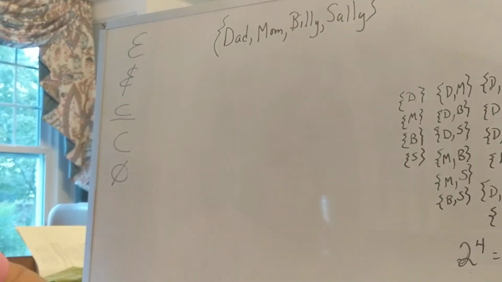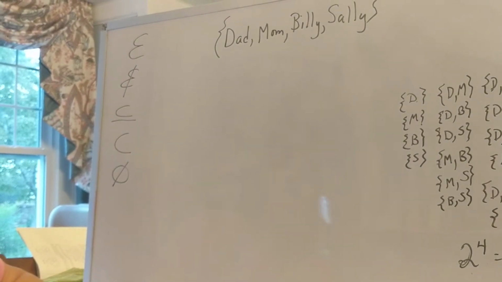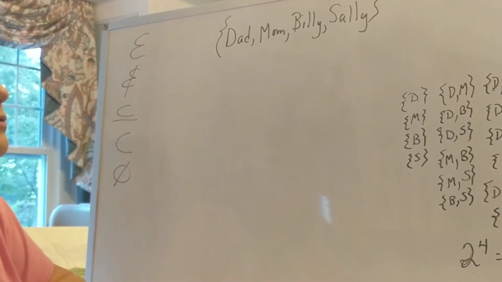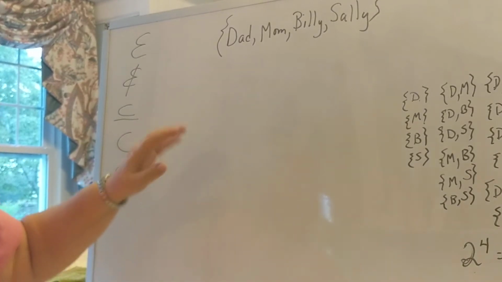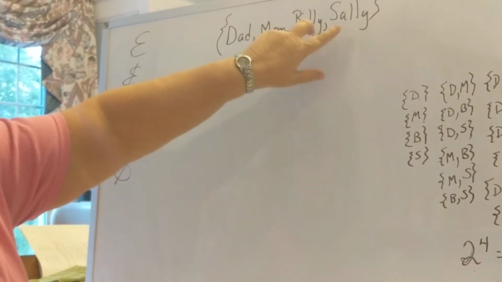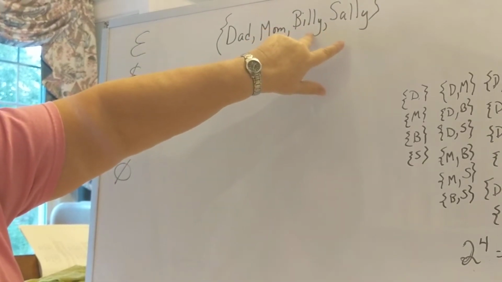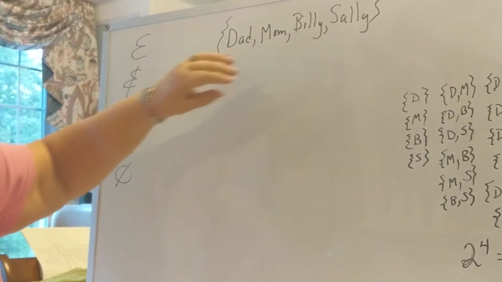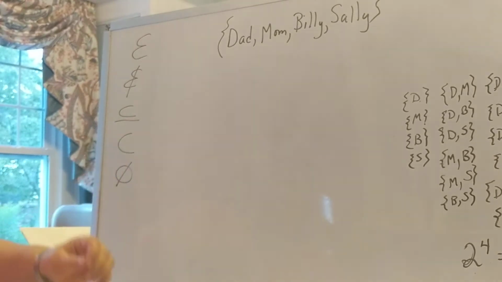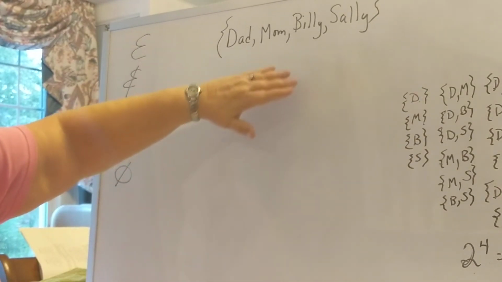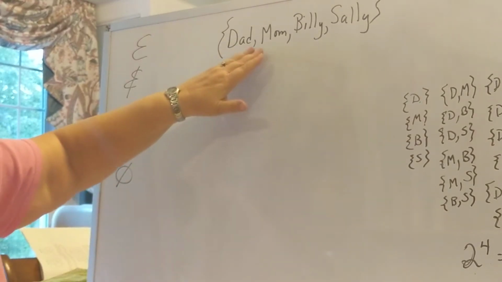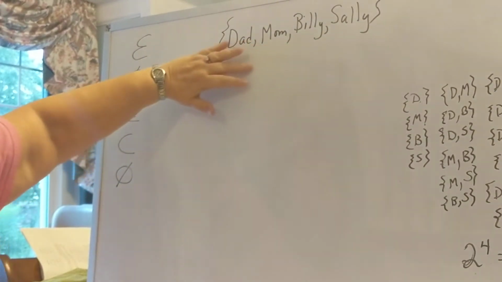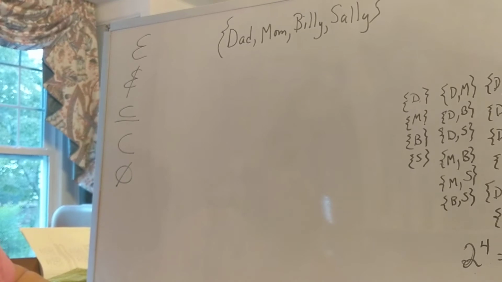So a subset of this could be, okay, all the people that went to school today, and that set could be Billy and Sally. Well, those two came from this set, so Billy and Sally, that's a subset. It's a smaller part of it. Or how many ate fried chicken last night? It could be all of them, Dad, Mom, Billy, Sally. So all 4 can be a subset.